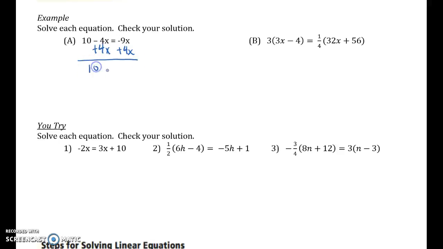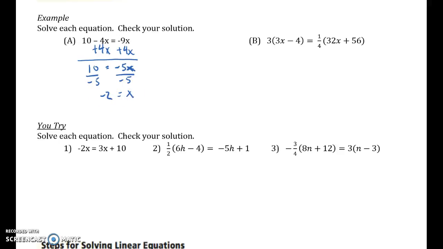And remember, it doesn't matter which side, as long as you have variables on one side. So then negative 9 plus 4 is negative 5x. And then do my regular inverse operations to isolate and solve for x. I'm going to divide by negative 5 to solve for positive 1x, and I'm going to get negative 2.